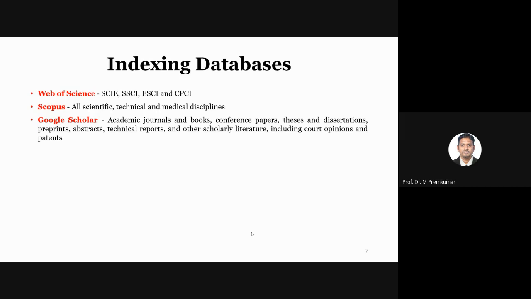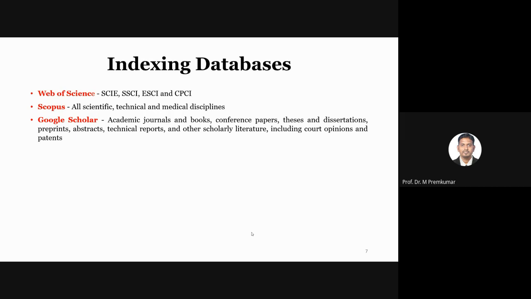And the second level of the quality is the Scopus. Okay, so the Scopus, that I think many of you people know. So this Scopus indexing is given by Elsevier. Okay, so this Scopus indexing will be given for all the scientific and technical articles. It includes the medical disciplines.